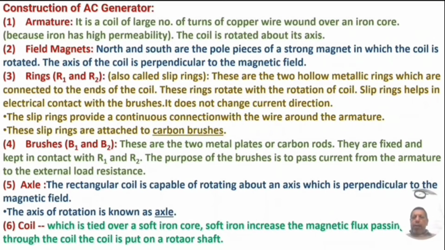The rectangular coil is capable of rotating about an axis which is perpendicular to the magnetic field. The axis of rotation is also known as the axle. The coil is tied over the soft iron core. Soft iron core increases the magnetic flux passing through the coil, and the coil is put on the rotor shaft.